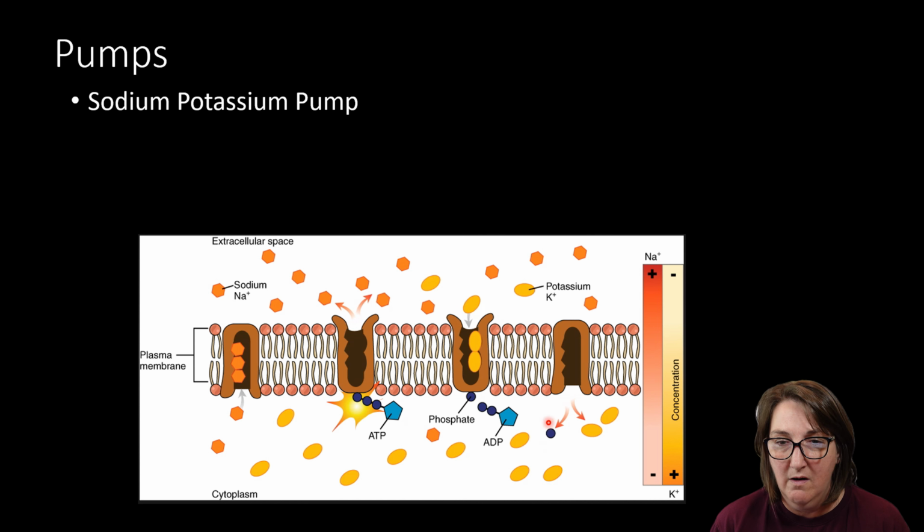See, that phosphate's gone. And now these potassium cations are going to come into this solution inside the cell. And then it will work again. As it's open, these sodium cations will come in. ATP will touch it, it's going to change the shape, and the process is just going to keep happening.